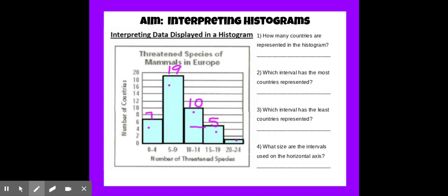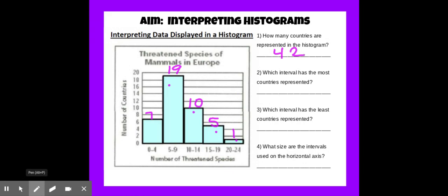And then this one would be 1 because it's the height between 0 and 2. Okay? So you're going to add those up in your calculator, and you should get 42. So we know there are 42 countries represented in this histogram from Europe.